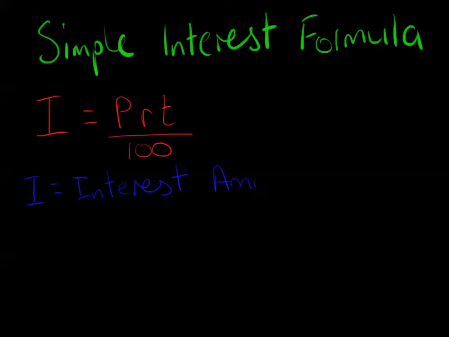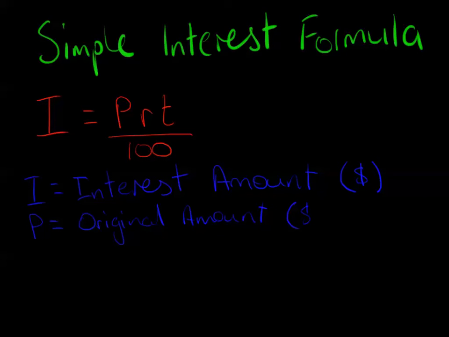So we can identify I as the interest amount, and we most commonly find I described in terms of dollars. P, or the principal, can be described as the original amount, and that original amount is either borrowed or usually invested, and that can also be described in terms of dollars.